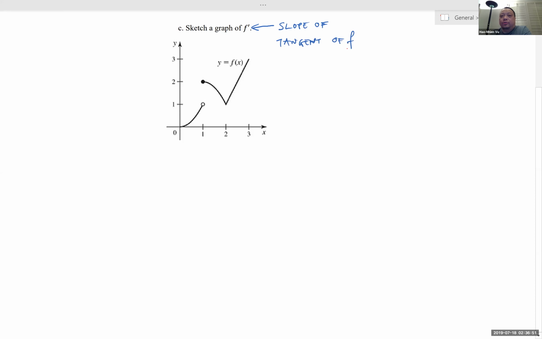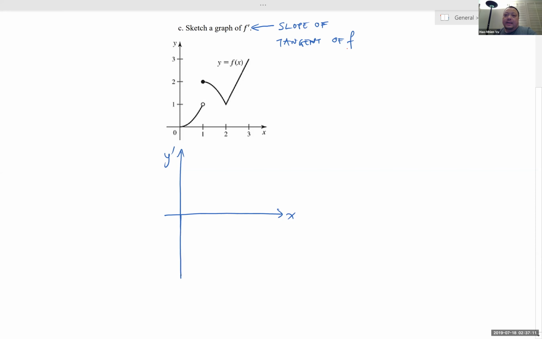So what you do is you look at the tangents and then you graph the value of the tangent that you see. Okay, so let me give myself an x y prime axis here.